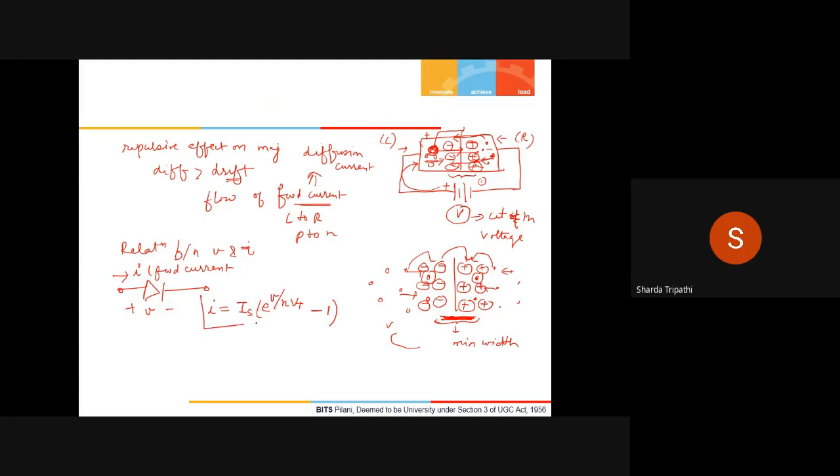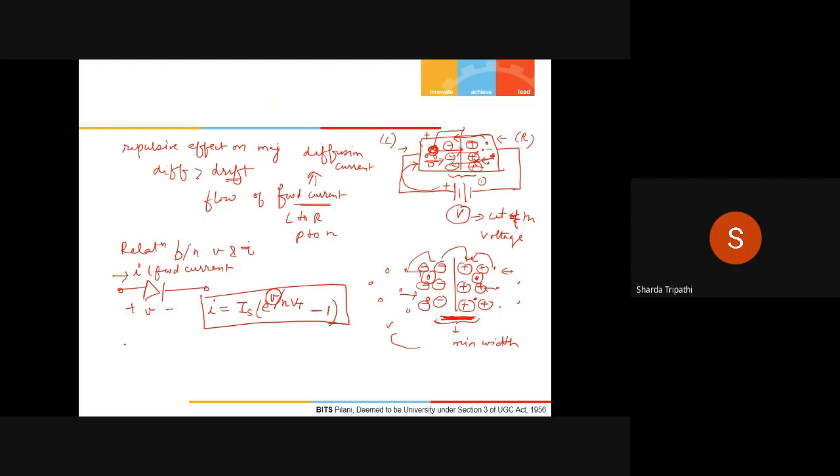So this is the relation that holds good for relating the voltage drop across the diode and the current flowing through it. From here you see that I is not directly proportional to V, because V occurs in the exponential while finding out the value of this current.